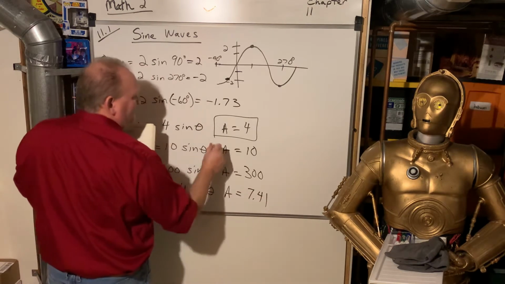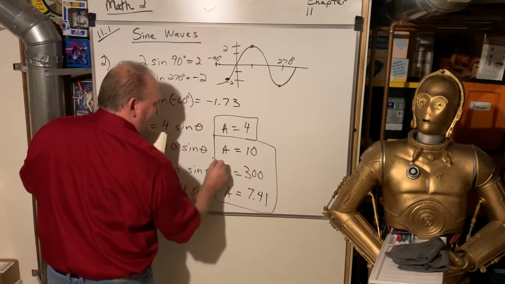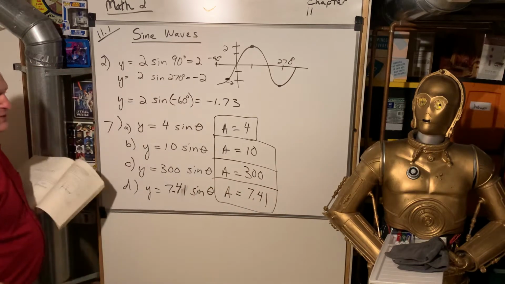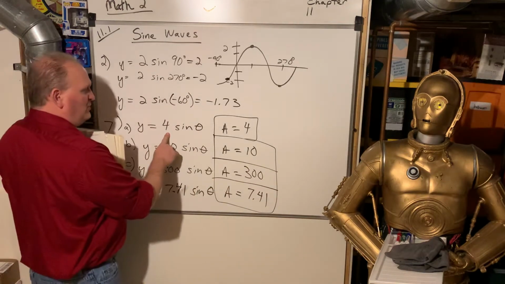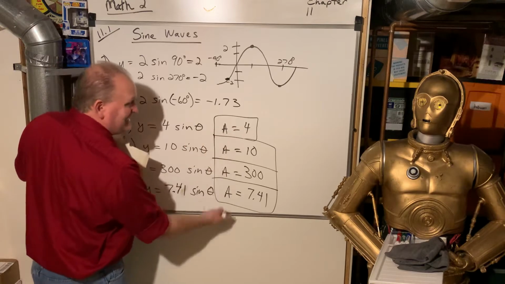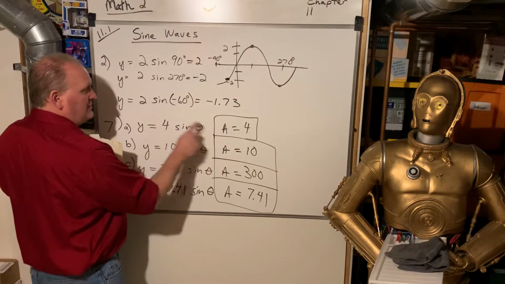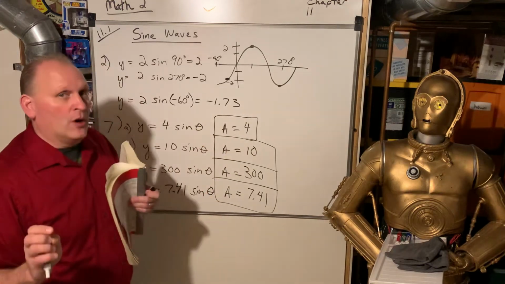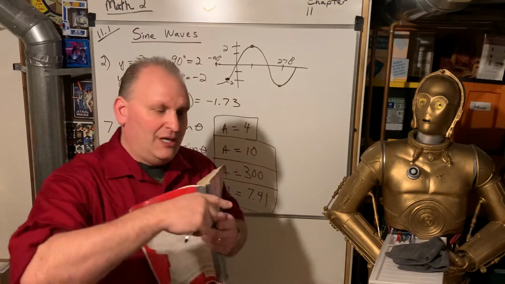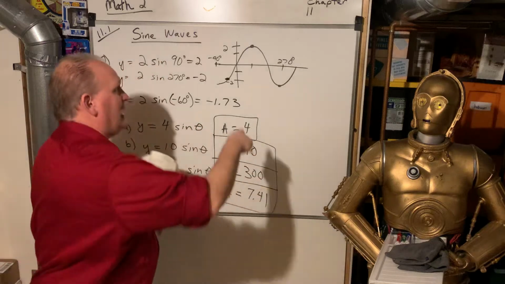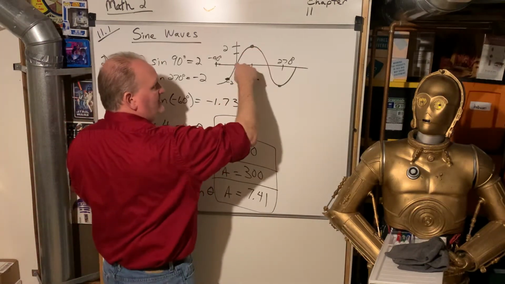So, to do the problem, it's super easy. The number in front of the word sine or cosine is its amplitude, the absolute value of it, by the way. Even if I had -4 here, the amplitude would still just be 4, not -4. Amplitude is the distance that the sine wave deviates from 0.